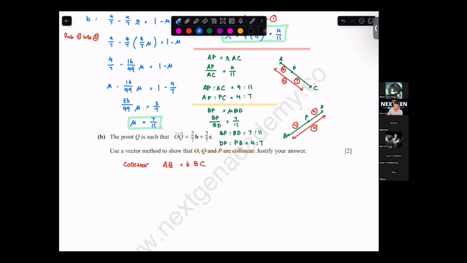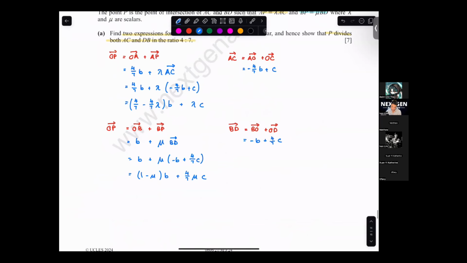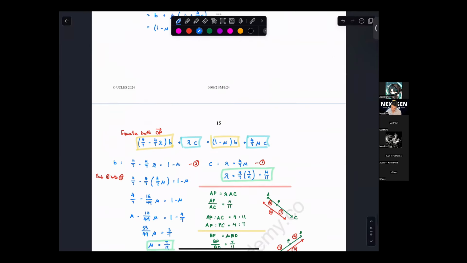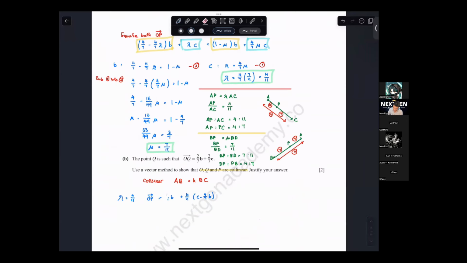Since they gave us OQ, I substitute lambda equals 4 over 11 into the first equation. So OP is equal to 4 over 7 B plus 4 over 11 C minus 4 over 7 B. Hold on, I used a previous equation.